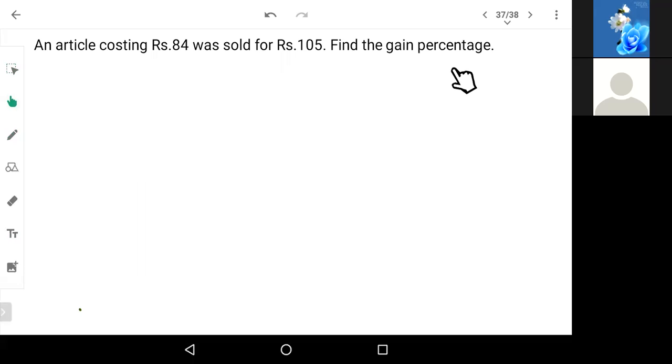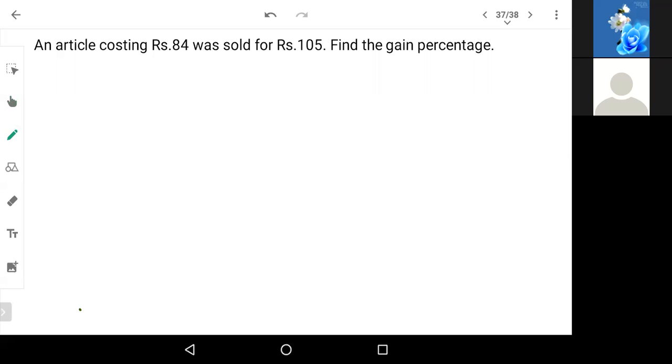Okay, this is another type of problem that they'll be asking. So article was costing at 84 rupees, but they have sold it at 105 rupees. So they're asking us to find the gain percentage. So here we have to find out the profit percentage that they would get after checking out the cost. Okay, now let us do that.